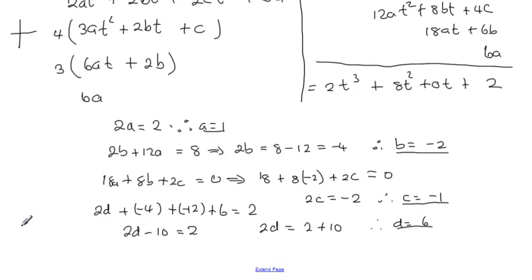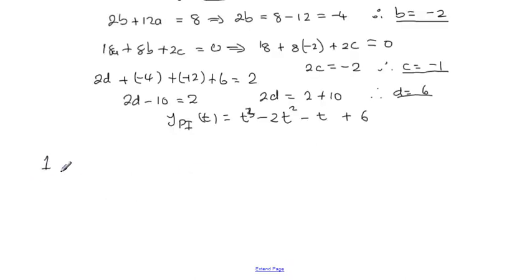So now we can write our solution as y particular integral, a function of t, is equal to t cubed minus 2t squared minus t plus 6. That will be our particular integral.